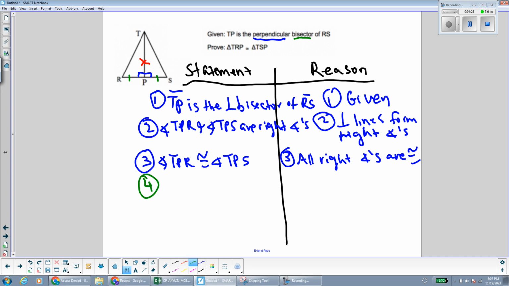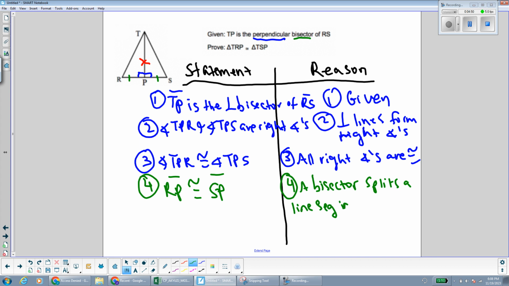After that, we said that RP was congruent to SP, and that was because we knew that RS was being bisected. So I'm going to put that here. A bisector splits a line segment into congruent parts.